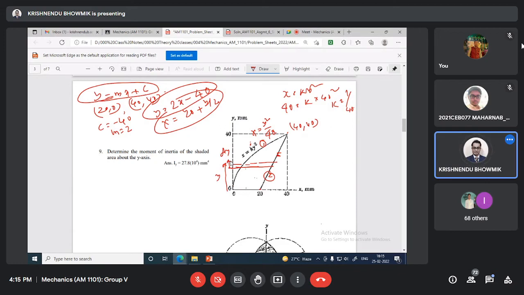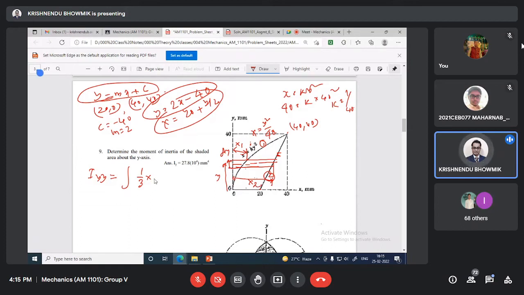So directly we'll write Iyy equal to integration of 1/3 of, this is basically x1, and this is x2.